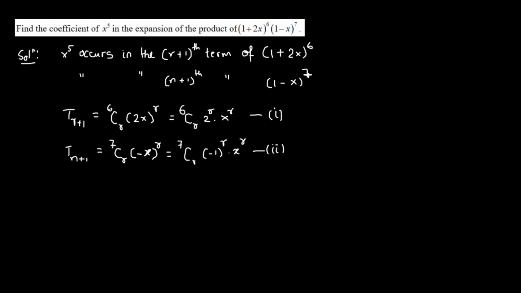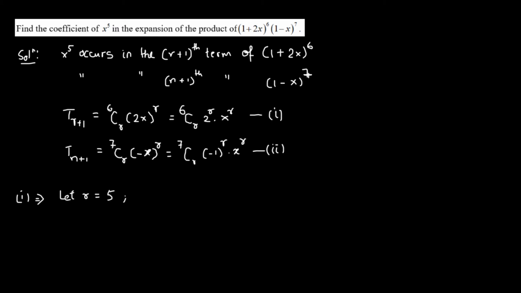Now in equation number 1, let us assume that the value of r is equal to 5, since we have to find out the coefficient of x raised to the power of 5.